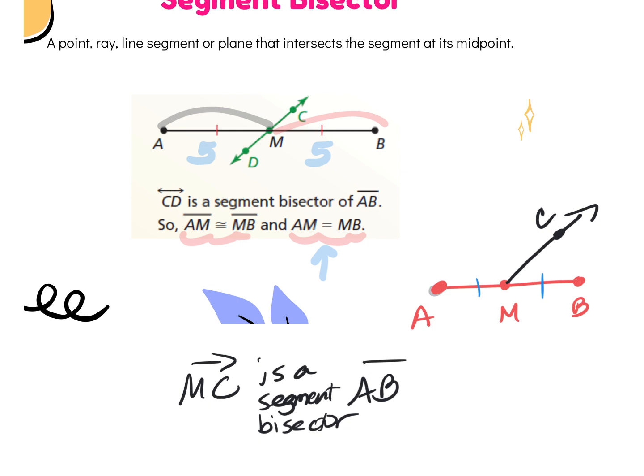So I could say that ray MC is a segment bisector of segment AB, because I was given that AM was congruent to MB. And that's how I can tell it was bisected. In addition, I can tell that M is the midpoint.